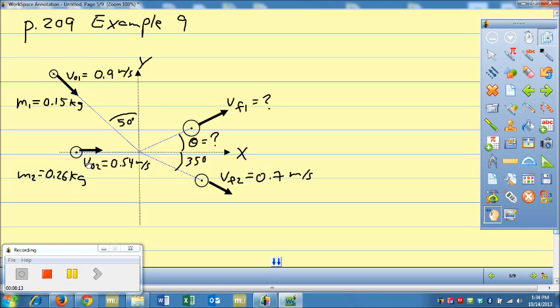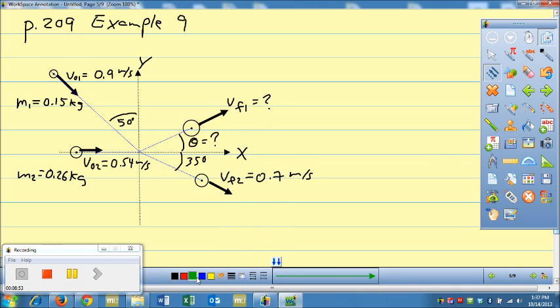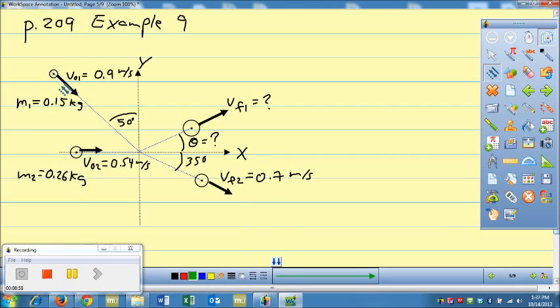So let me do a line, and let's make that a thin line, perhaps green, make an arrow, and we'll say, okay, we've got one going down and then one going over. Same with these. You've got one going over and one going up. These are the components. One going down and one going over.